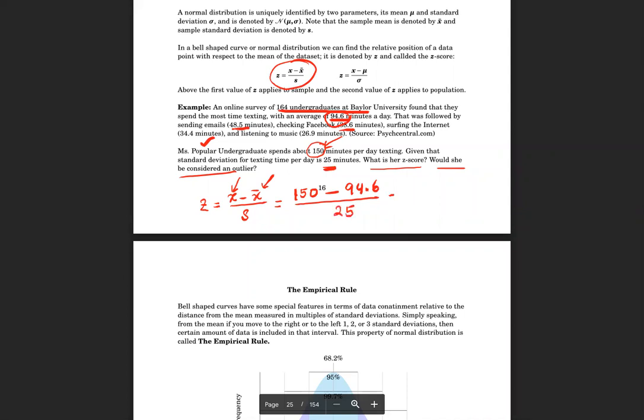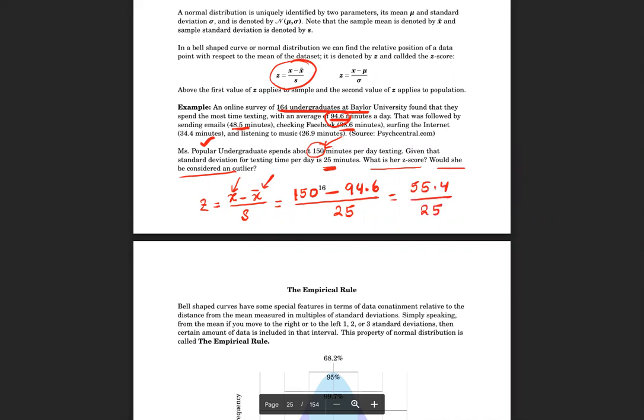So 150 minus 94.6 is going to be 55.4. Okay, all of it divided by 25.